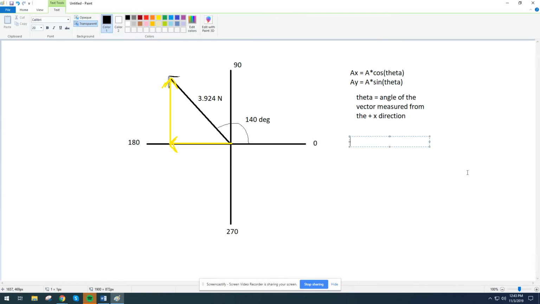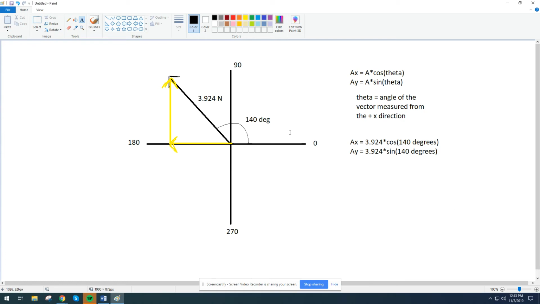So a sub x is equal to 3.924 times cosine of 140 degrees. And the same way, a sub y is equal to 3.924 times sine of 140 degrees.